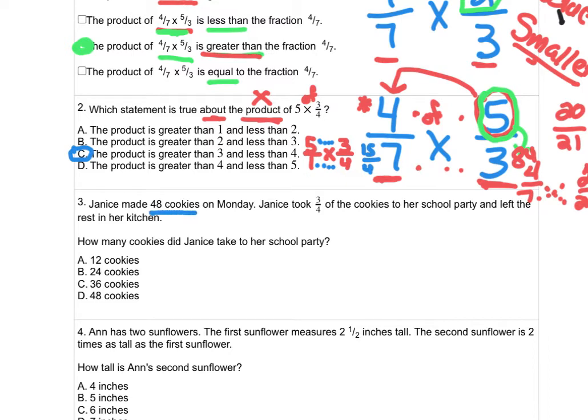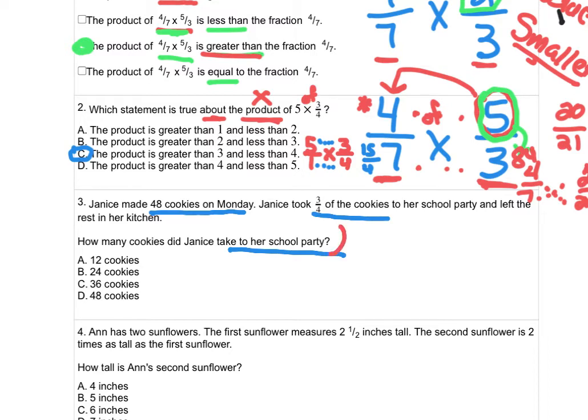Janice made 48 cookies on Monday. Janice took 3/4 of the cookies to her school party and left the rest in the kitchen. How many cookies did Janice take to her school party? Well, always go up there and read in your question, what does it tell you? The answer is, how many cookies did Janice take to her school party?